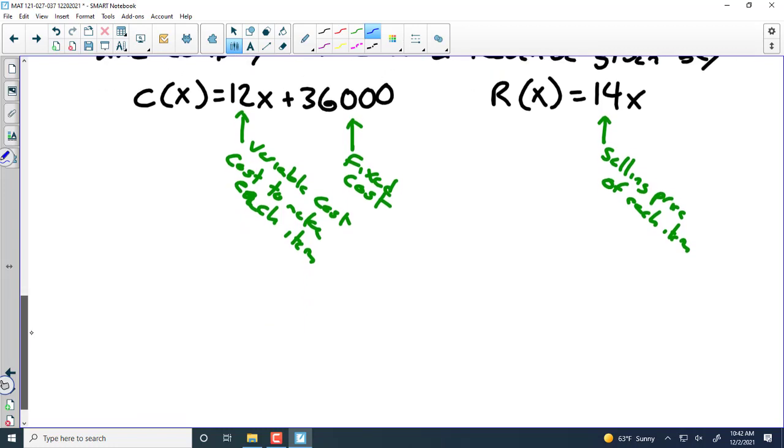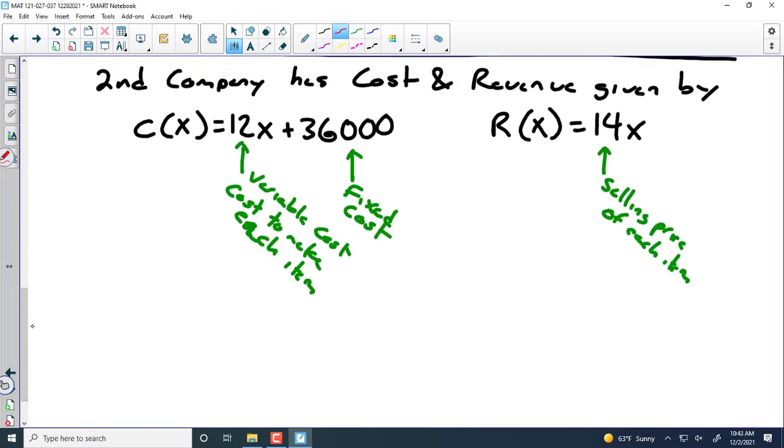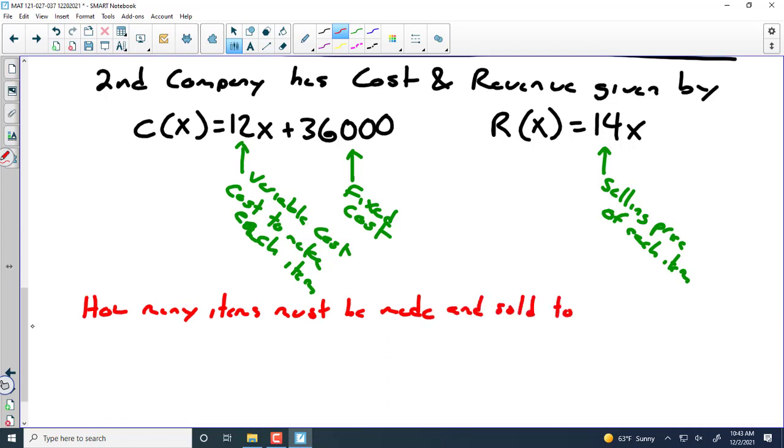The question we often ask is this: how many items must be made and sold to break even?